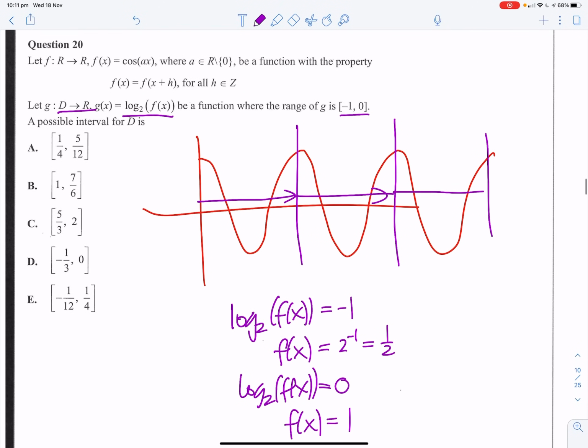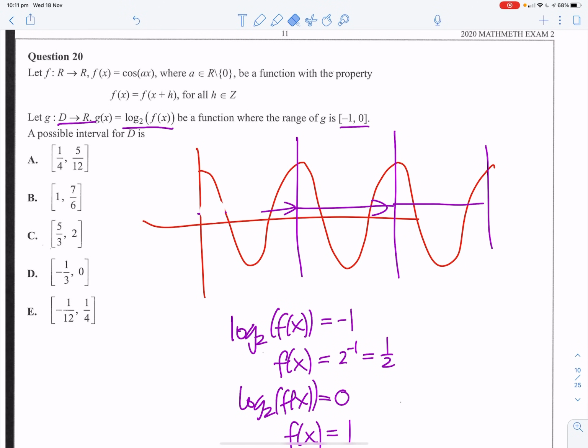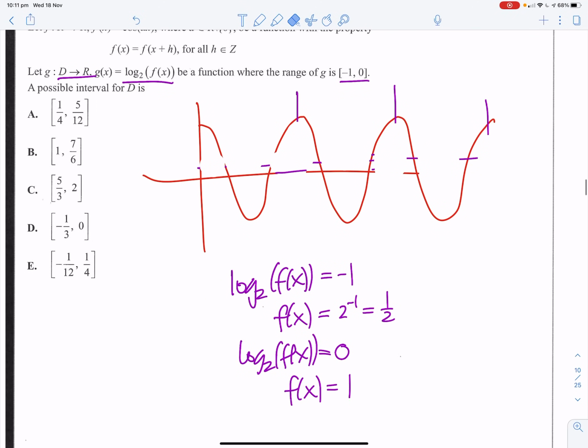So my range of this graph has to be between a half and 1. So it's got to be between there and there, or there and there, or there and there, and there and there.